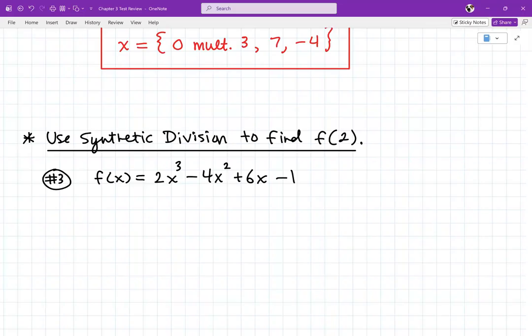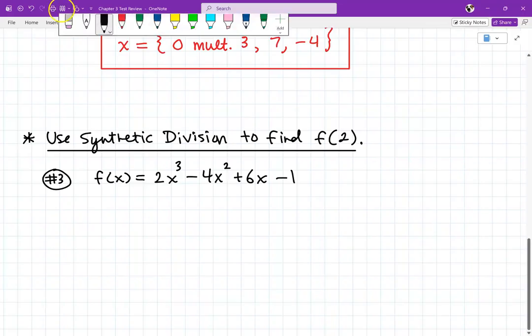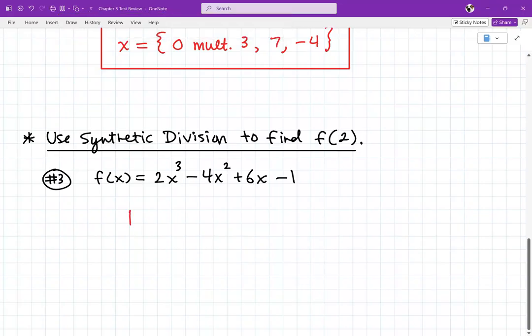Okay, so here's how we're going to do it. Remember, synthetic division starts off like this. And where you add on top, you multiply on the bottom. Okay? In the little half box, that's where you put the number you're using for synthetic division. Since it's f of 2, not like x minus 2 in a parenthesis, but they're saying f of 2, they say use this number specifically, this 2.